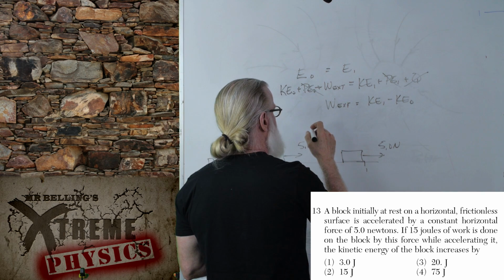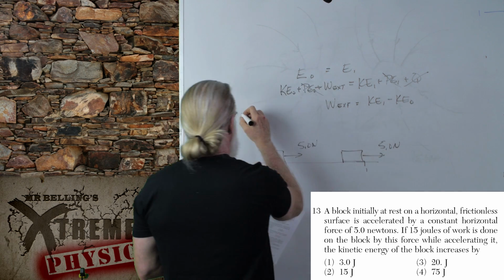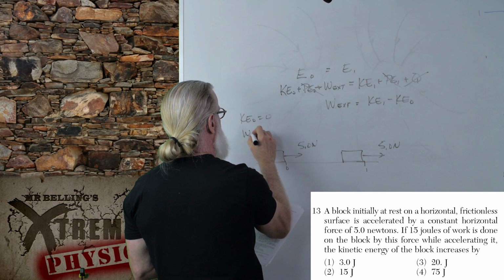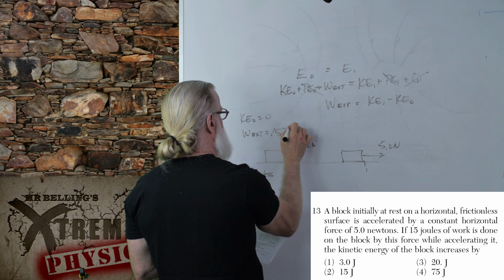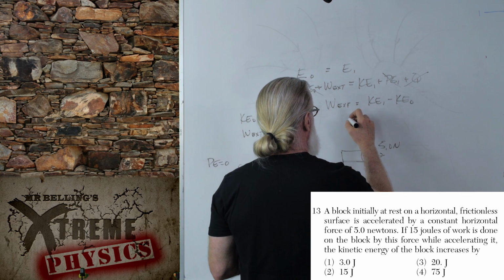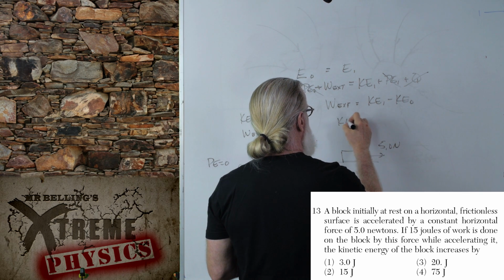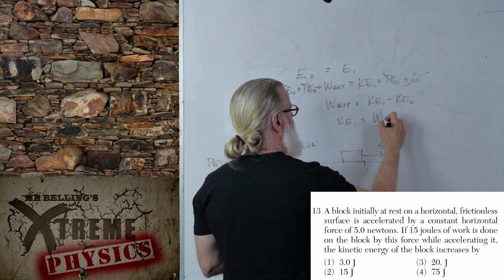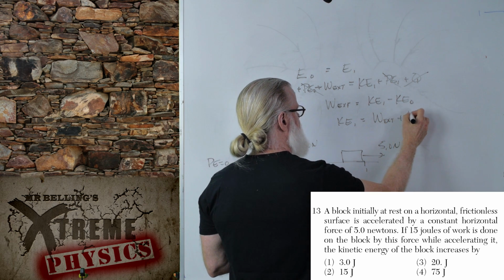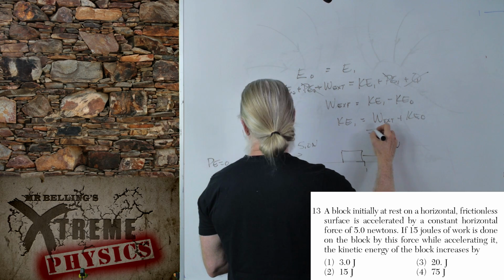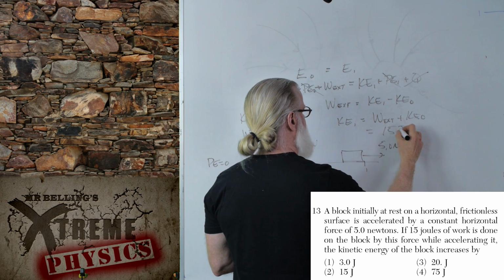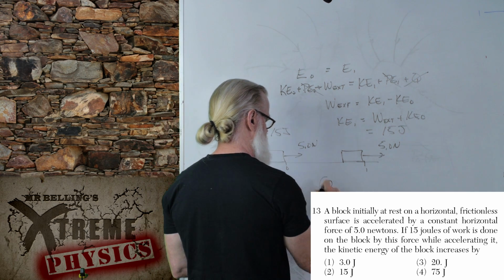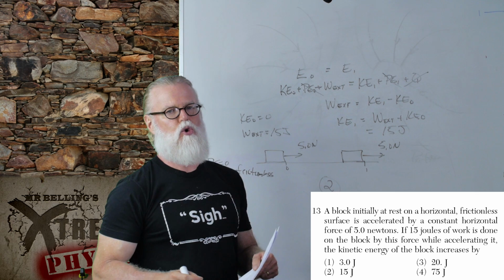And they said it started at rest, so the kinetic energy at 0 is 0. Just rearranging this, the kinetic energy at 1 equals the external work plus the kinetic energy at 0, which is 0, equals 15 joules. The answer is 2.